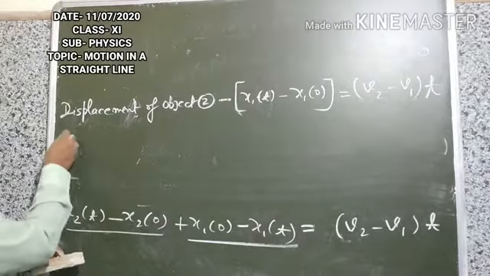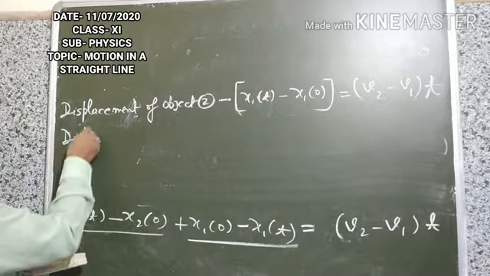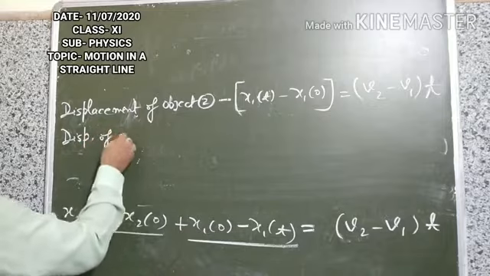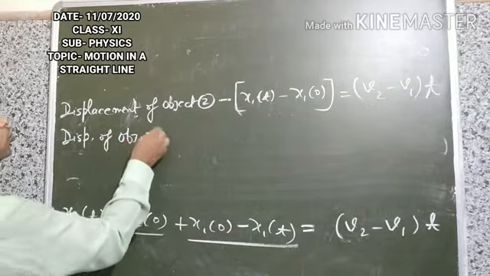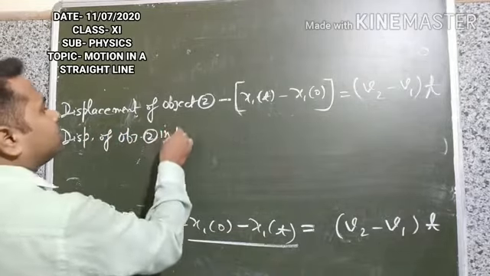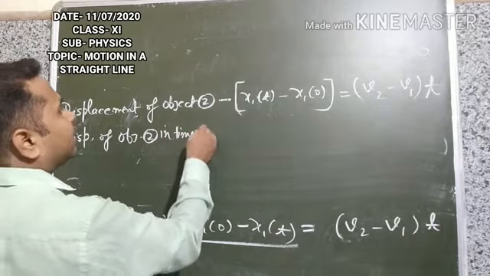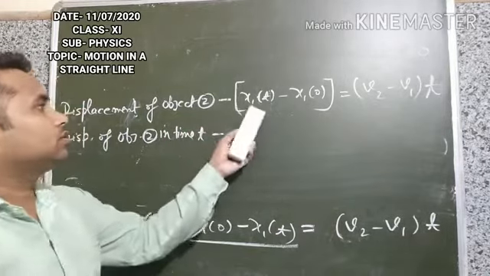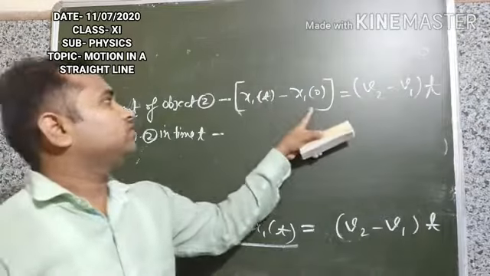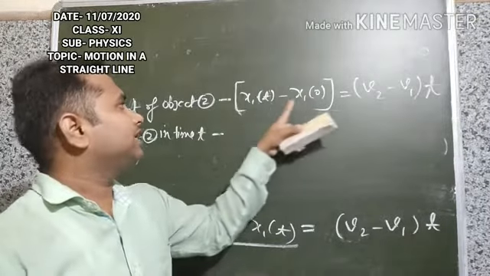Again, displacement of object 2 in time t minus, see here also, x1t minus x10, final position minus initial position.